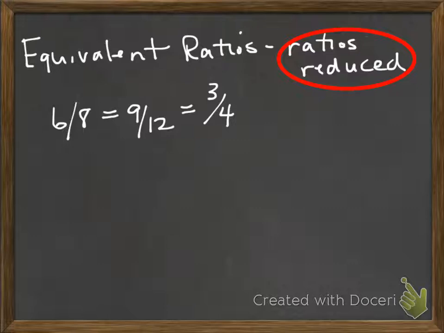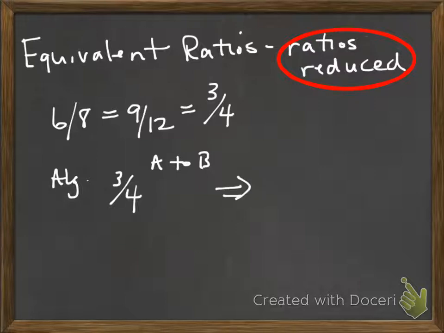They're just reduced. In some cases you might see a question that says the algebra classes have a 3 to 4 A to B ratio, whereas the geometry kids have a 9 to 12 A to B ratio.